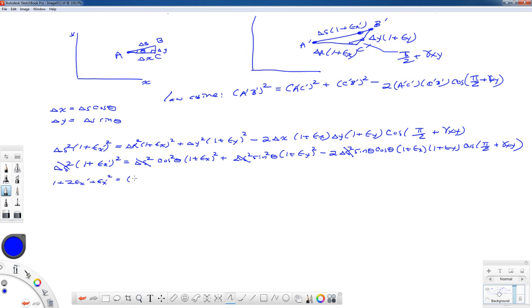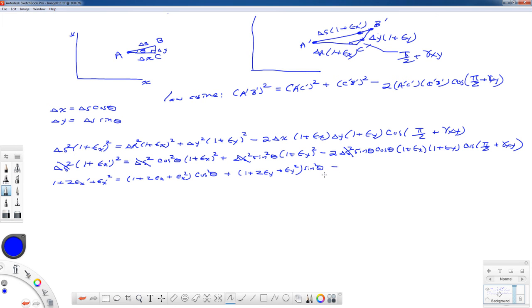And a similar term, but this is epsilon x. Here we have a cosine squared term. And then we're going to expand out the 1 plus epsilon y squared term. And that has a sine squared theta in it.